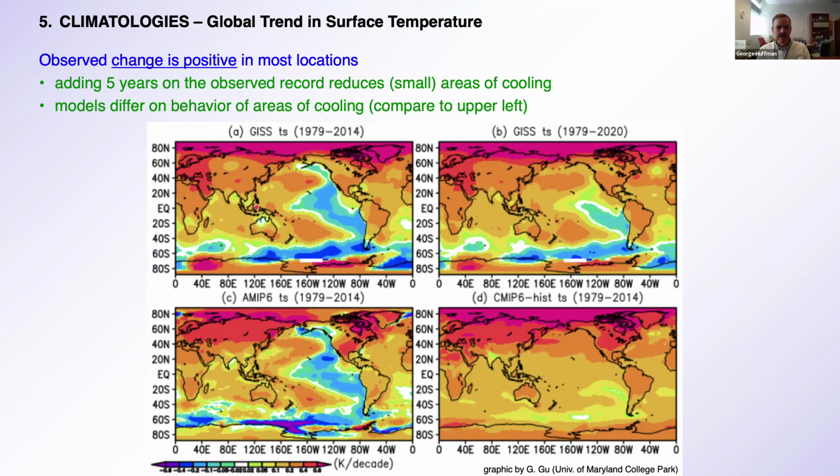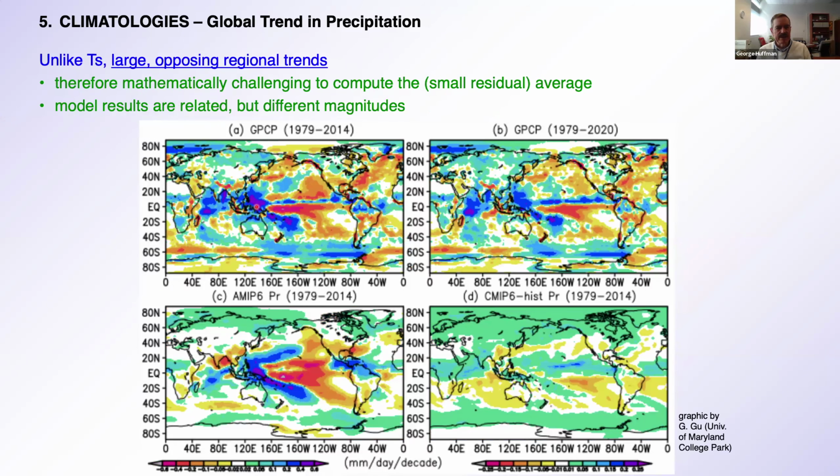I show you this because this is the corresponding trend in precipitation. GPCP in the upper left to 2014, consistent time period with the model stuff, and the longer in the upper right, just to demonstrate that adding a few more years doesn't change it that much.